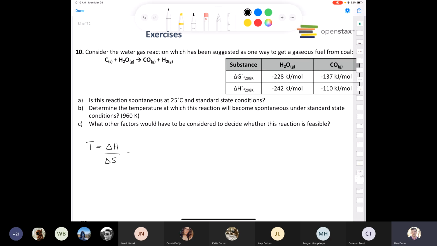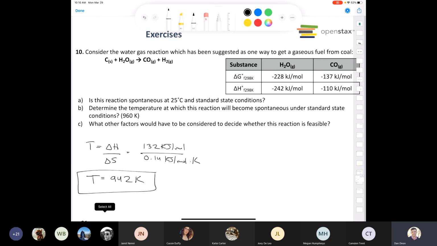We have our delta H as being 132 kilojoules per mole divided by 0.14 kilojoules per mole Kelvin, and then we end up with a temperature of 940 Kelvin. I actually carried an extra sig fig. I don't know why, but anyhow, it's neither here nor there. It's 942 Kelvin. So that's the temperature at which it starts to become spontaneous.